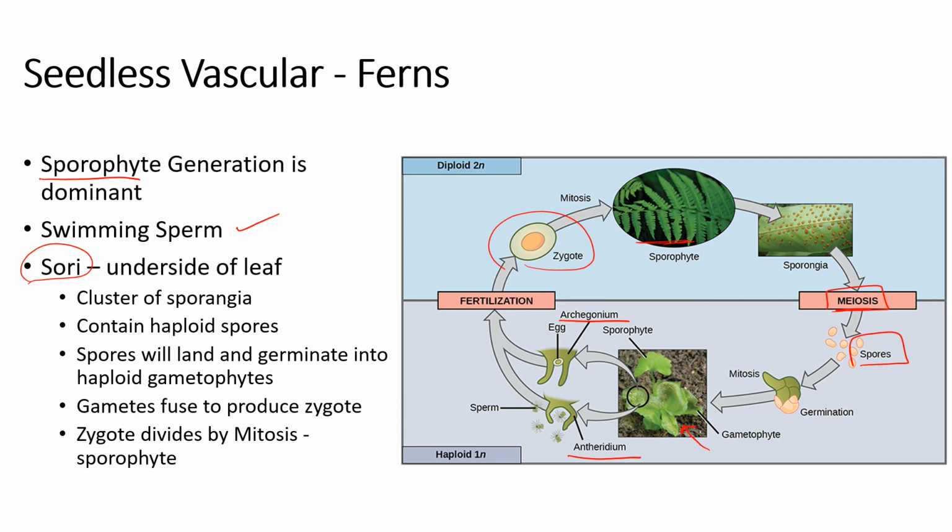This single cell then is just going to divide by mitosis many times until we have a mature sporophyte generation. And this is what we would recognize as a fern. So later, in future videos, we're going to look at the gymnosperms and the angiosperms.